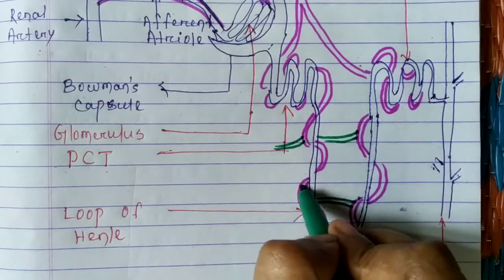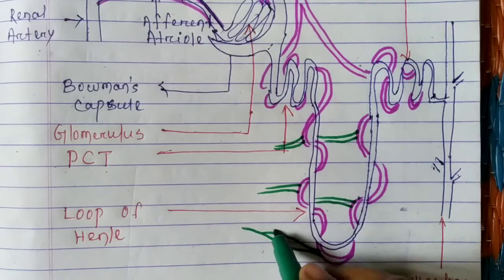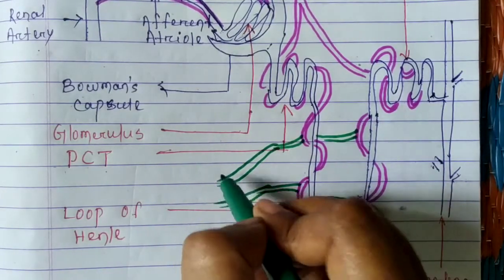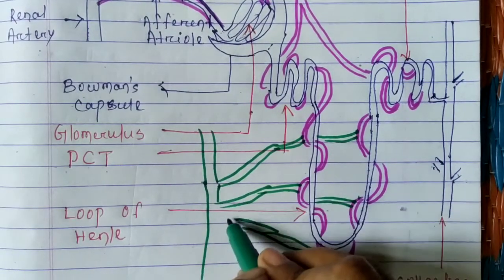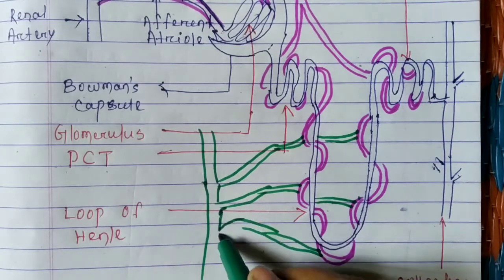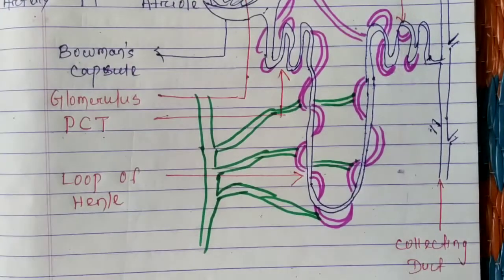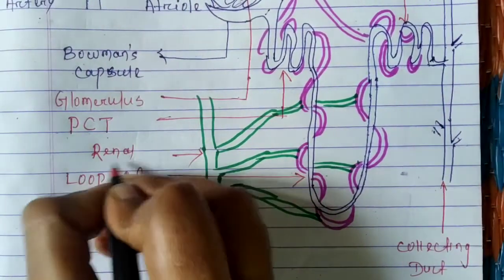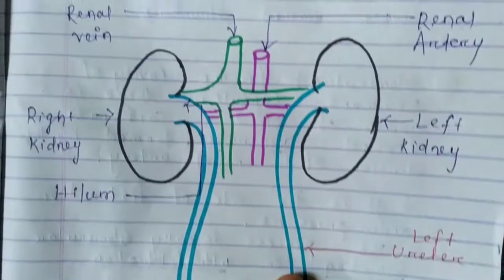A large number of capillaries will carry the deoxygenated blood, and they will form the venules, and the venules will again combine to form the renal vein. And this green part is the renal vein.